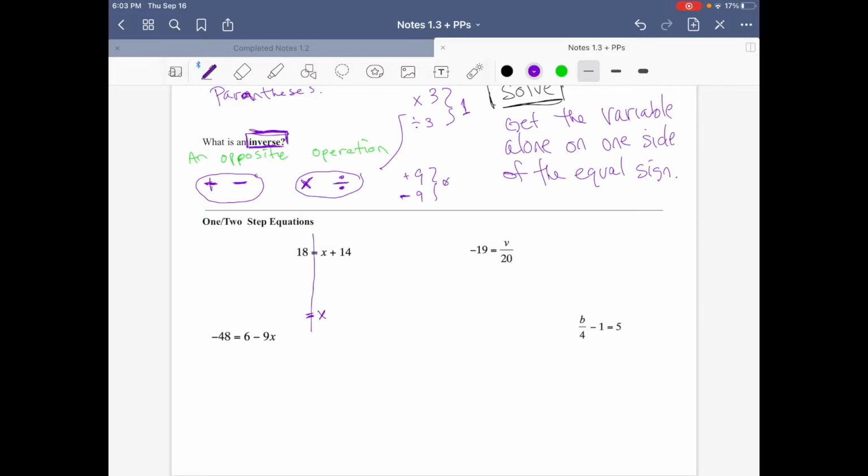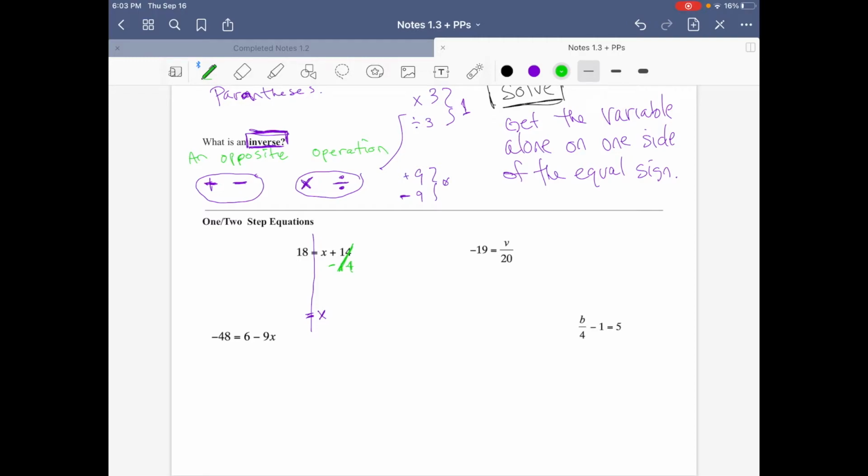We've got our two sides of the equal sign. So if I want to have x be by itself, I've got to get rid of this plus 14. And so the opposite of plus 14, or positive 14, is going to be negative 14. Positive 14 and negative 14 cancel each other out.